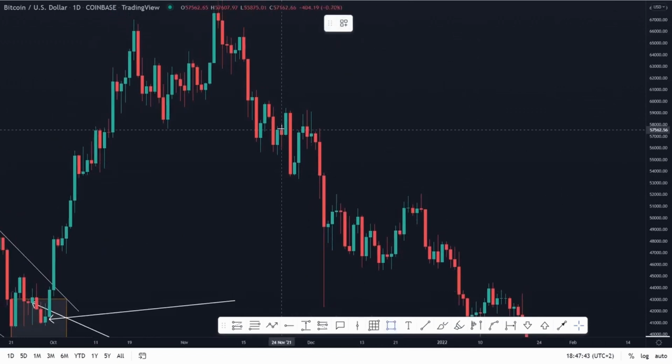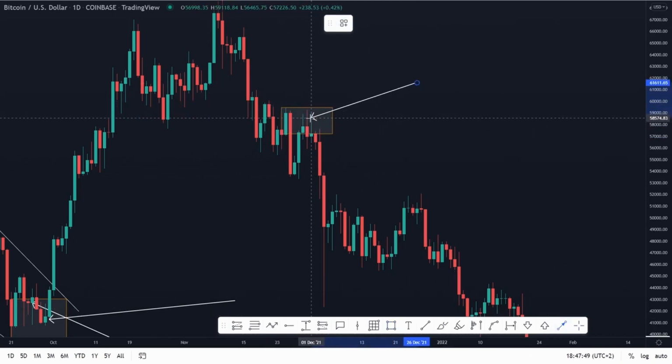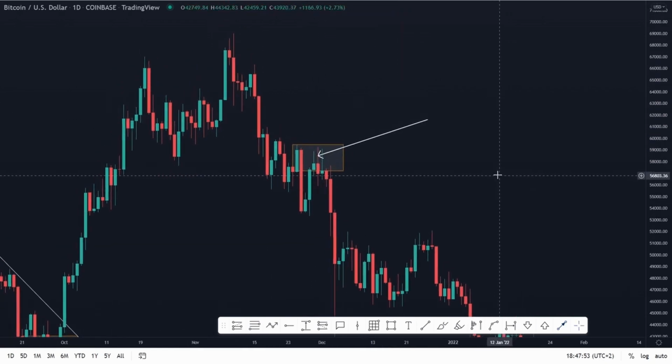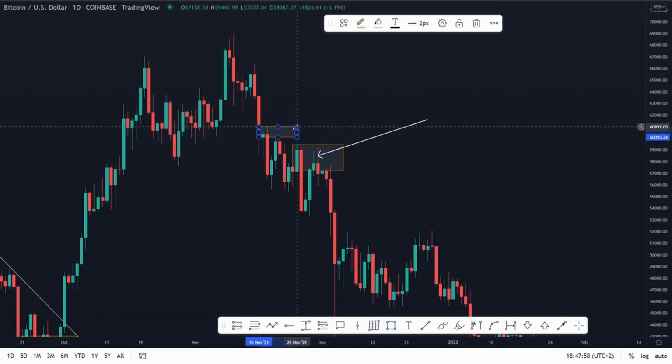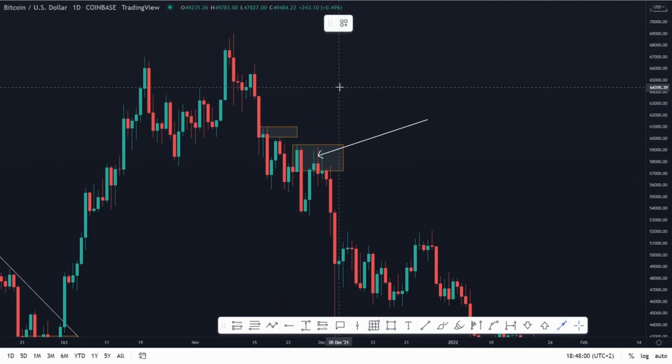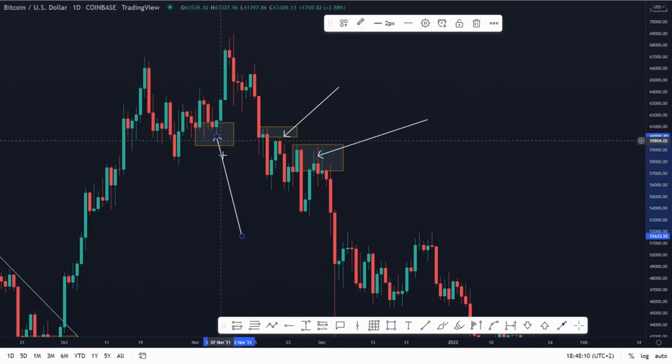As you can see here, we have our engulfing candle over here, confirmation candle over here. Without spiking this, we have another one over here, confirmation candle here. We have another one over here, confirmation candle here.